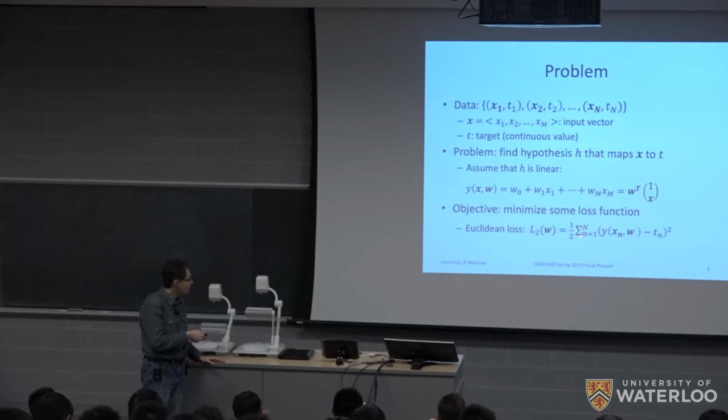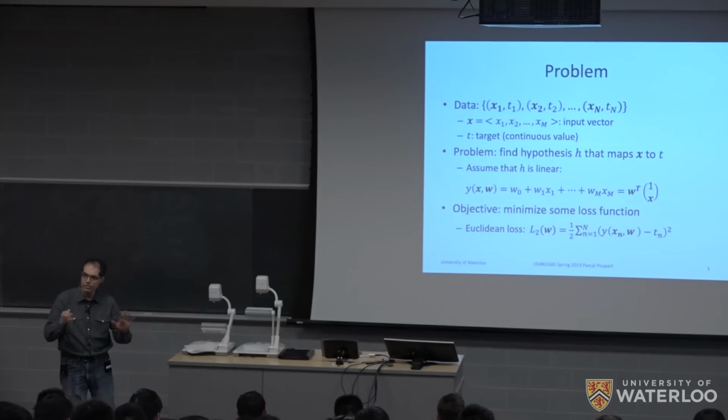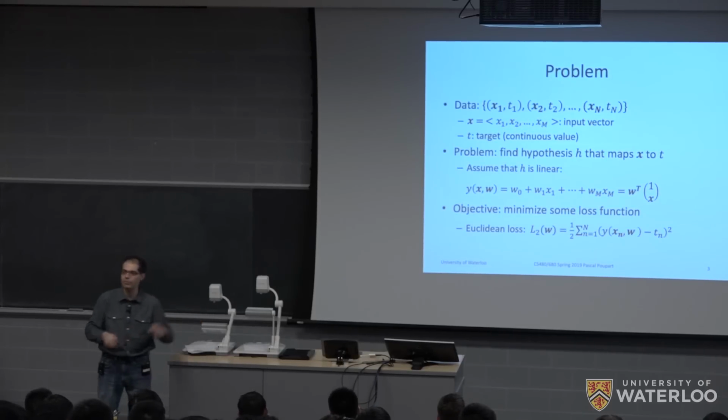I index each one of them with small n, and that's the index of that data point. Within a data point I have different values because a data point is really a vector. So I'm abusing notation a bit, because these subscripts really correspond to features, and this subscript here really corresponds to a data point.